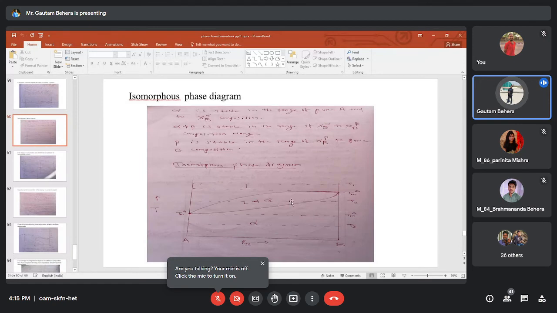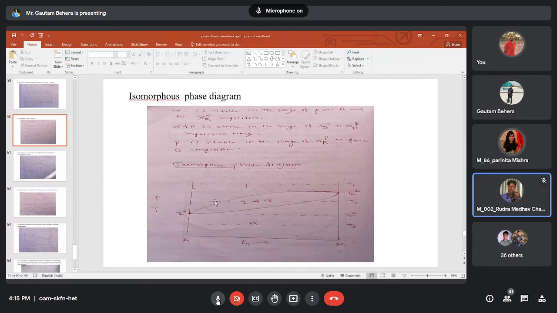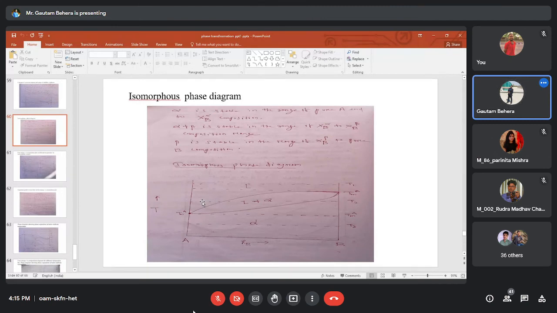Both liquid and alpha are stable, right? But when you come to this point and go towards A, which one is the stable phase? Liquid, very good. So at different compositions, in one composition you have alpha phase stability, then a mixture of alpha and liquid phase stable, then towards the end of A, liquid is stable, right?